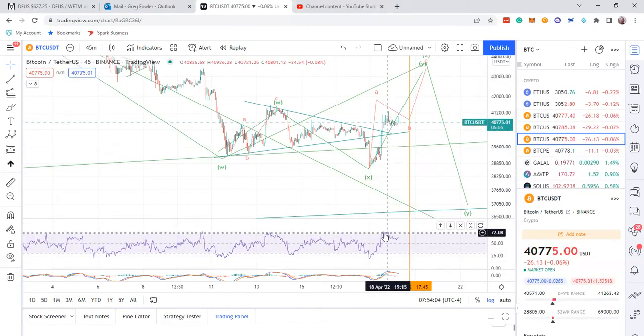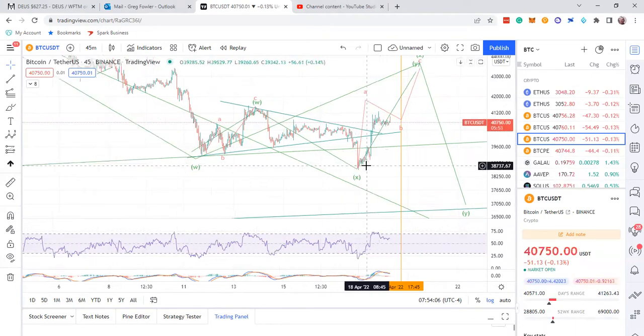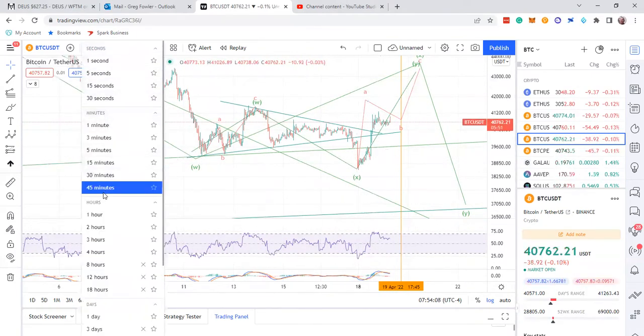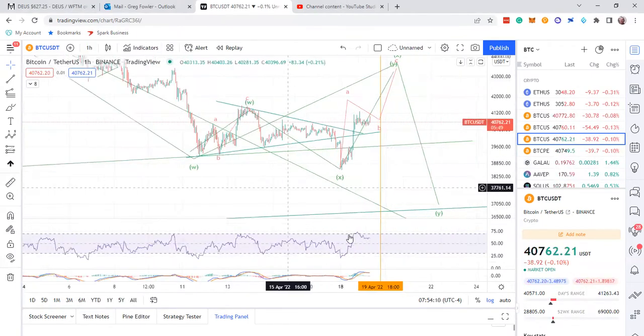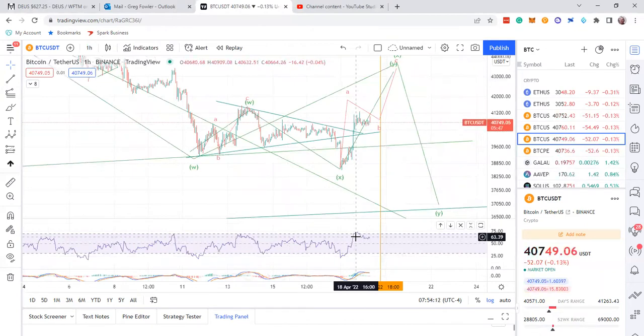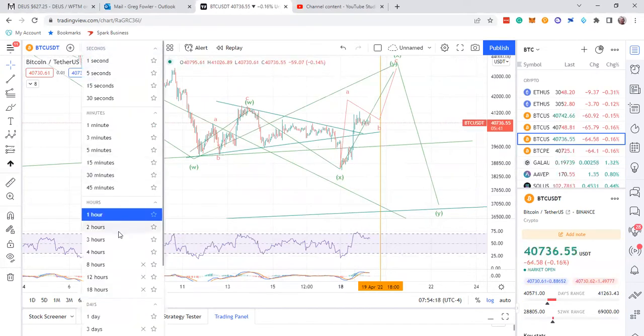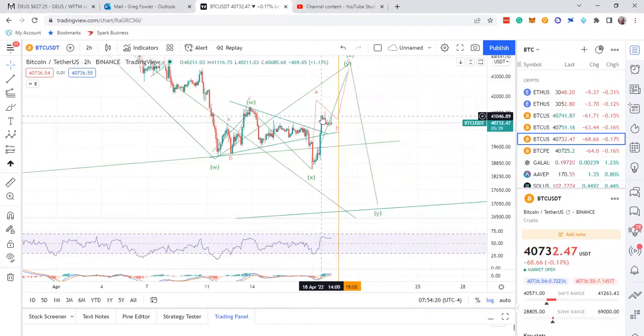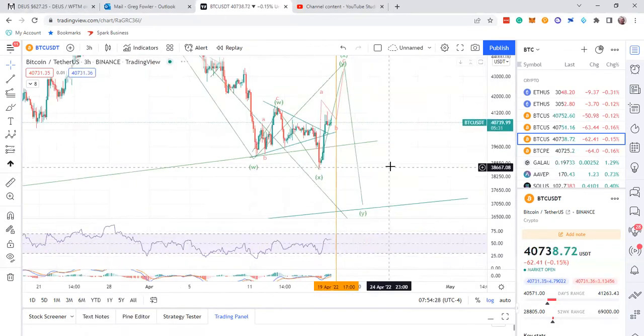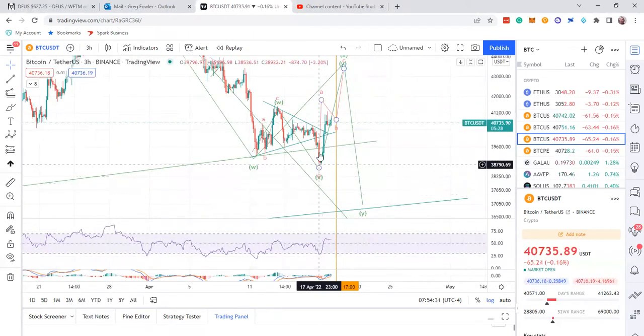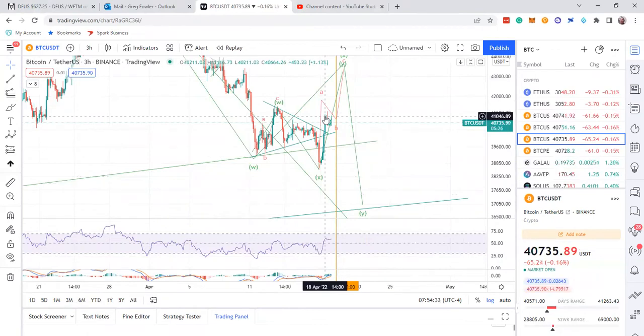That's okay. And then verifying impulses in 3 waves is a little bit more tricky. You can see there's a peak there and there. It's on 1 hour, so it's a 3-wave. You can see there's still divergence on the 2 hour, so it's not very strong. On the 3 hour, you don't have divergence.